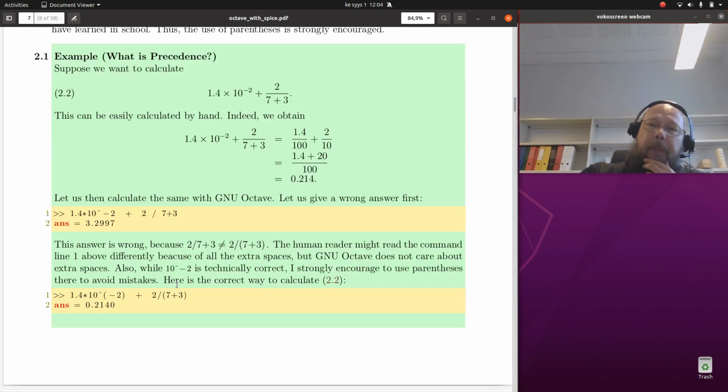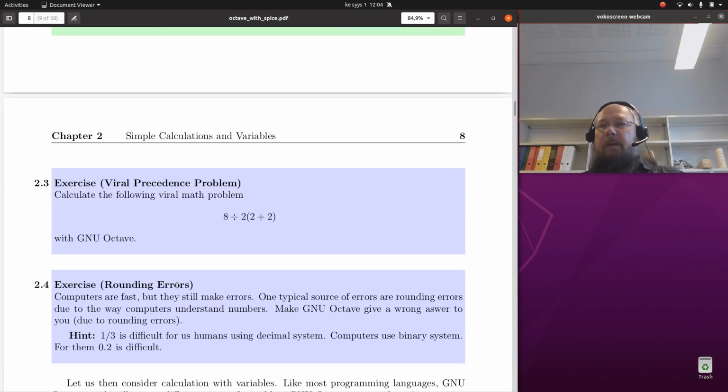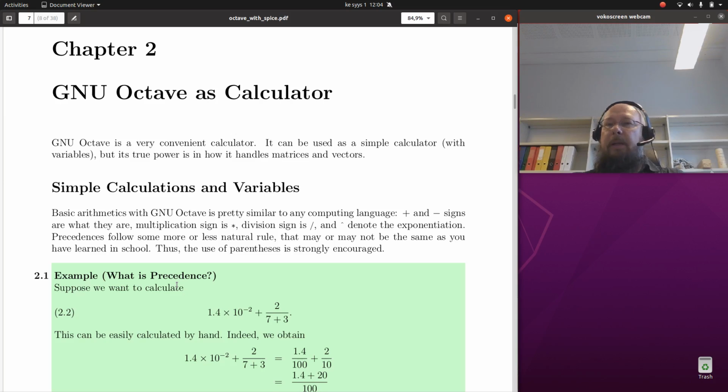Something to remember here is to use those parentheses whenever it is not completely clear what the precedence is. And this was the first video lecture on chapter 2, and in the next video lecture it's the same story, but now we add variables to the story.